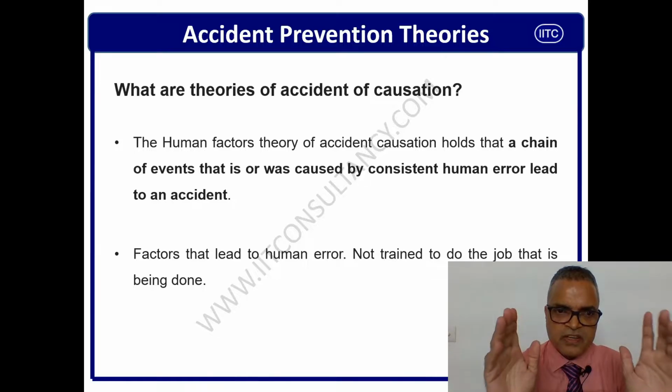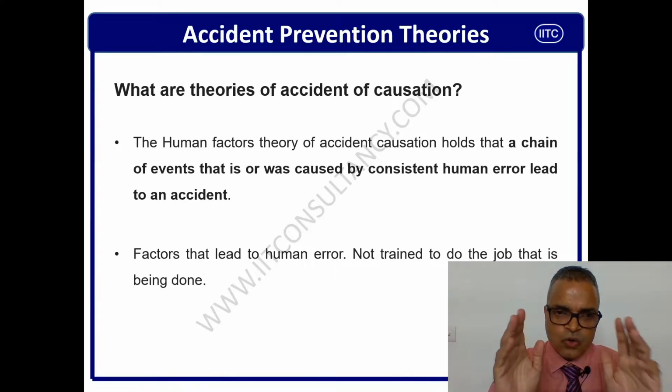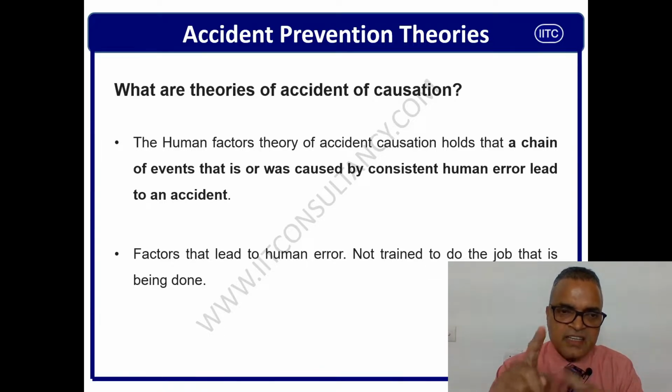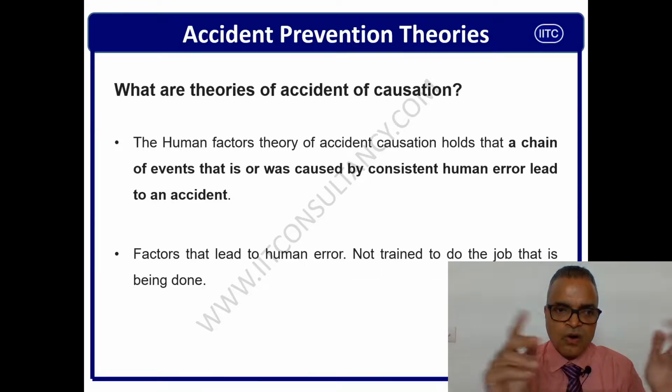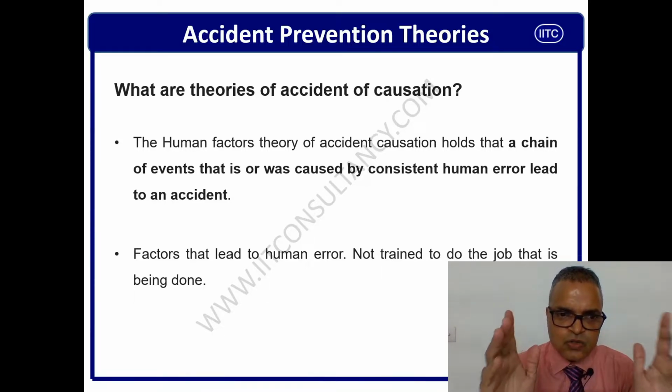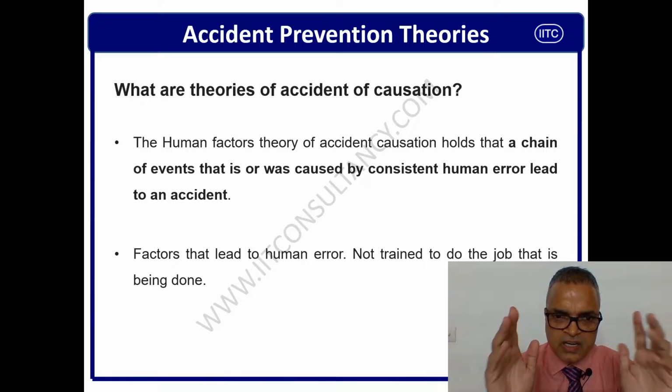Here, the human factor theory of accident causation holds that a chain of events is caused by consistent human error, which leads to an accident that has resulted in property damage, loss of life, injury, or all. A factor that leads to human error is not being trained to do the job that is being done.